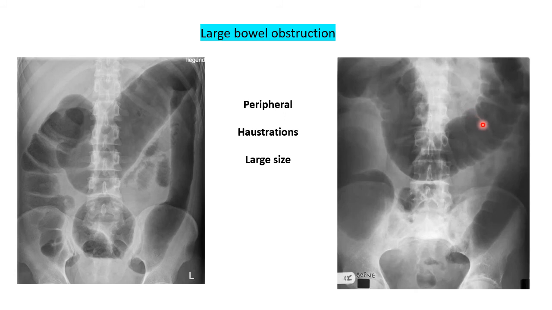They run and stop here, and then another one comes from the other side. So incomplete mucosal folds known as colonic haustrations, and they're large size. So peripheral location, haustrations, large size. It means indication of large bowel obstruction.